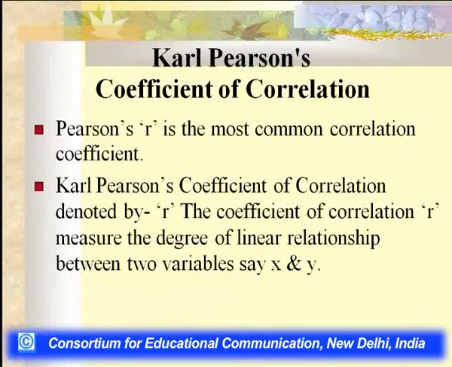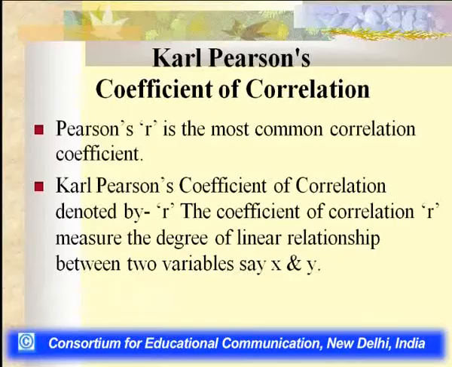Pearson's method is denoted by r and is the most common correlation coefficient. The coefficient of correlation r measures the degree of linear relationship between the two variables x and y.